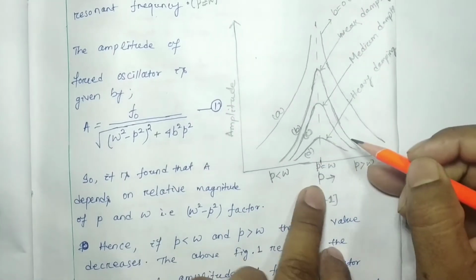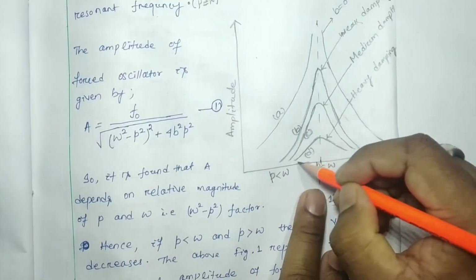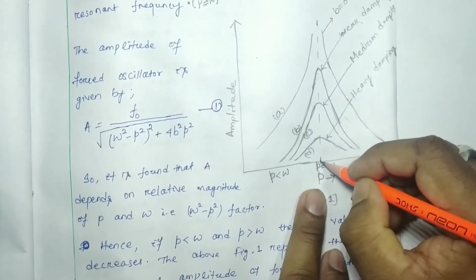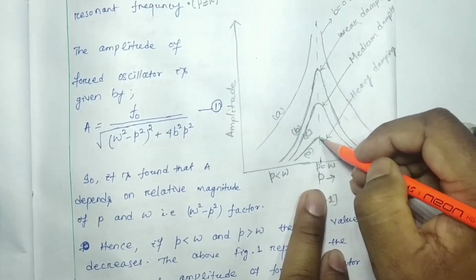Just concentrate on these two curves, B and D. Exactly at p equal to omega, we get the resonance, the maximum amplitude.